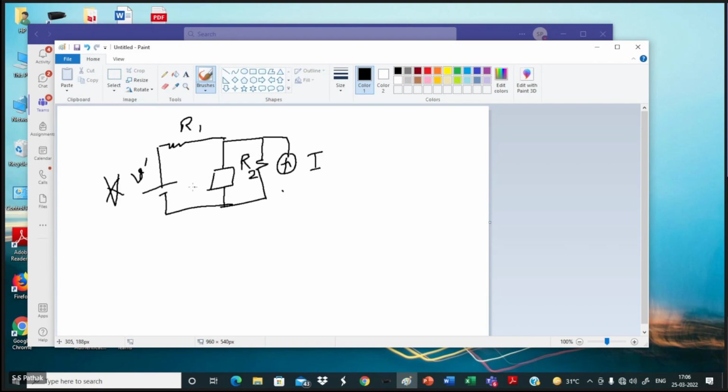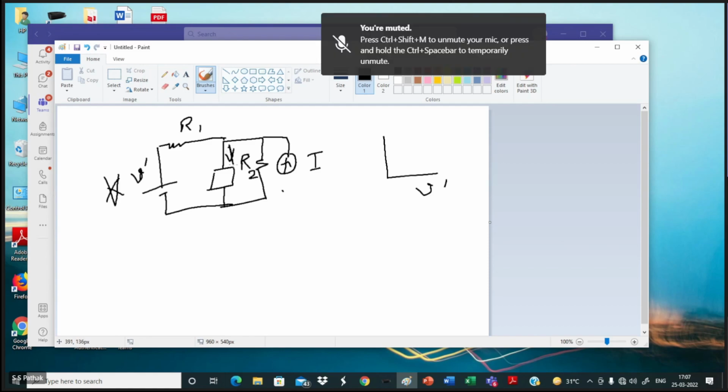The characteristic is given, I want to find, okay, this is my V dash, and I call it with respect to the voltage source, V dash, and here it will be I dash now.